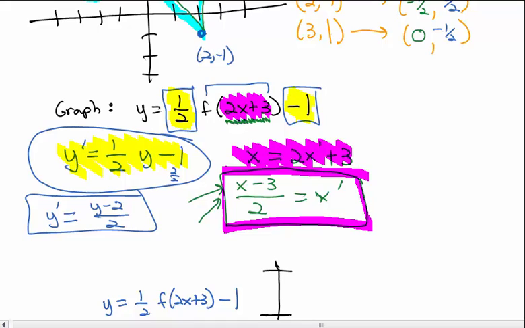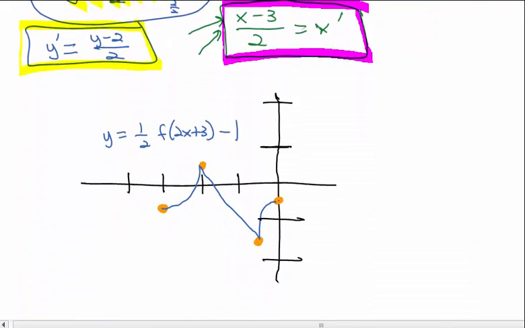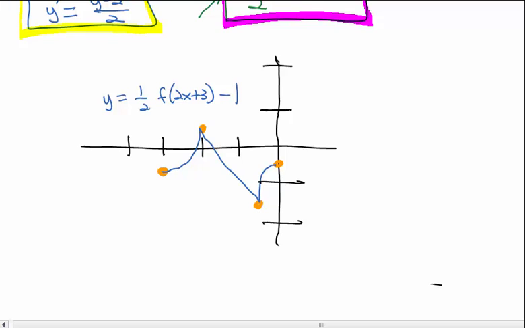The y equation, it's helpful if you have fractions to write it as a single fraction, get a common denominator. And then using those formulas, we took all of our old x's to come up with new x's, all of our old y's to come up with new y's using those formulas. Then it's just connect the dots to get our new graph.